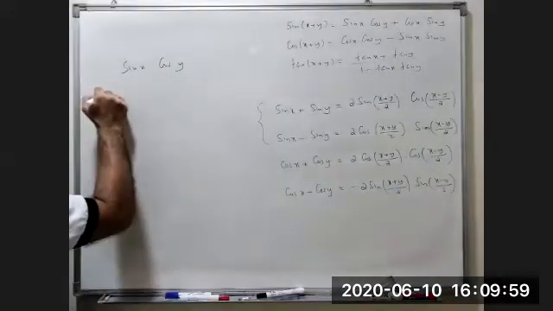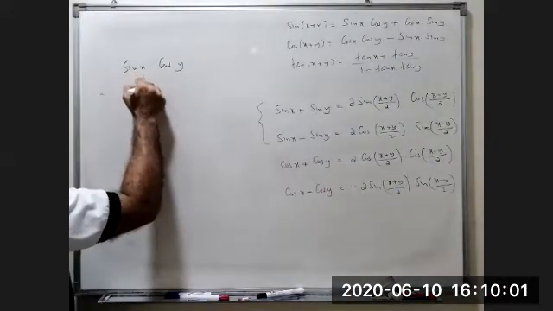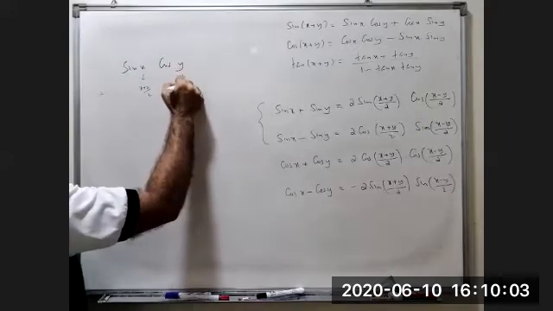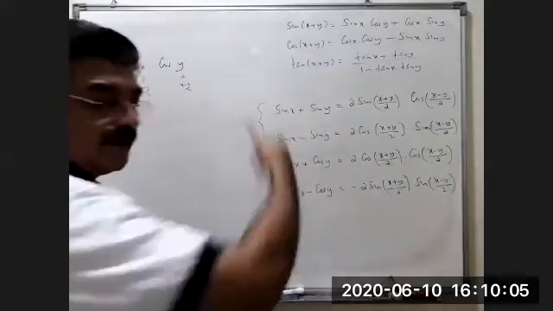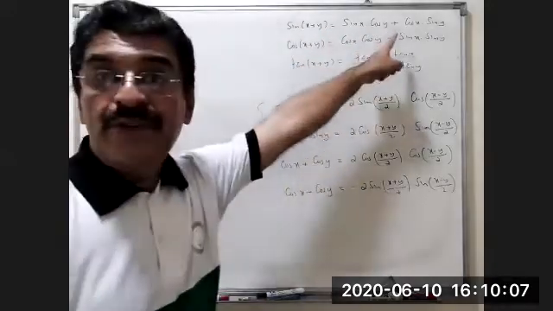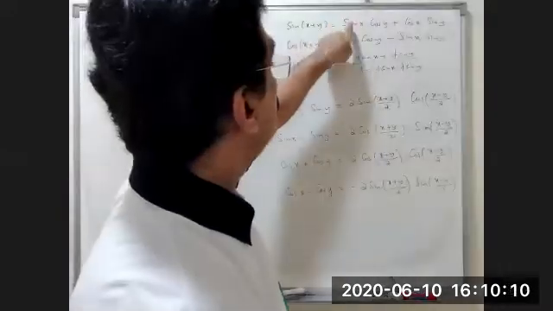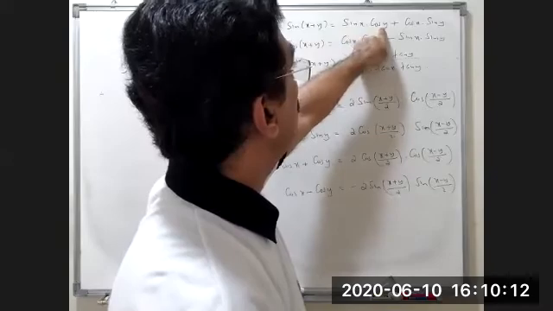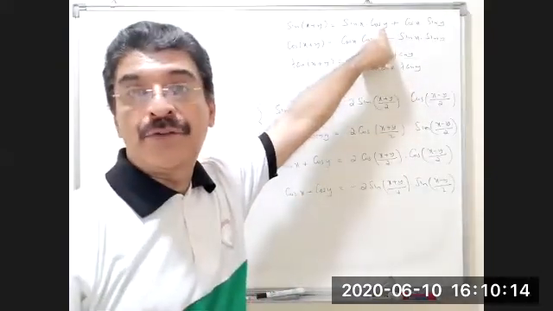So starting with 2, instead of x, x plus y by 2, instead of y, x minus y by 2. So we got this formula. First term is sum of sines: 2 sin x plus y by 2 into cos x minus y by 2. That is sin x plus sin y.